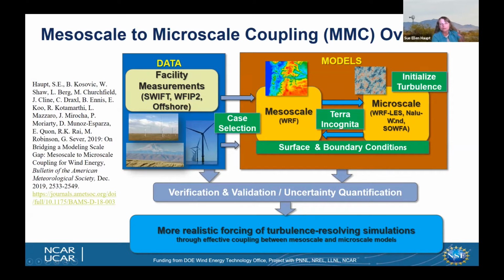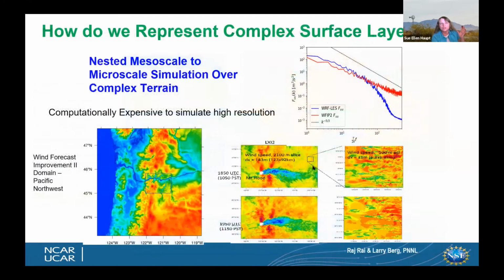And there are a lot of issues in doing this that we have to deal with, spanning that terra incognita between the two scales, making sure we have consistent surface boundary conditions, initializing the subgrid turbulence at the microscale, etc.